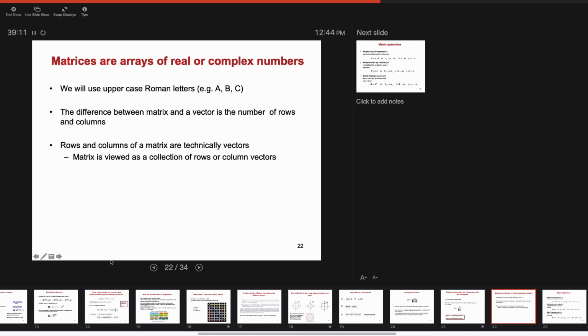So a matrix, you can look at it either as a collection of rows or a collection of columns. It depends how you read. In the alphabet that we're using, we read from left to right, and we read the first row, then the second row, third row, and so forth, by convention.